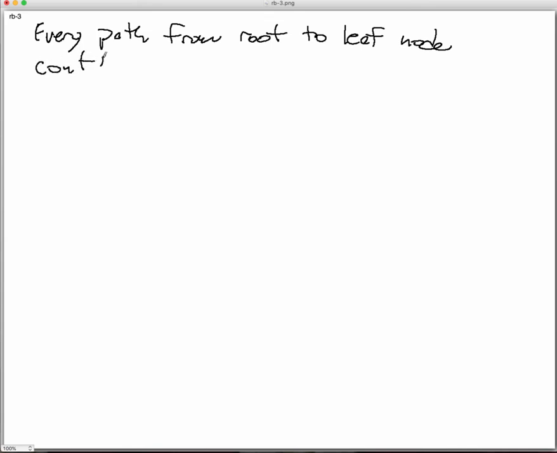Okay, so remember, we said that every path from root to leaf node contains the same number of black nodes.